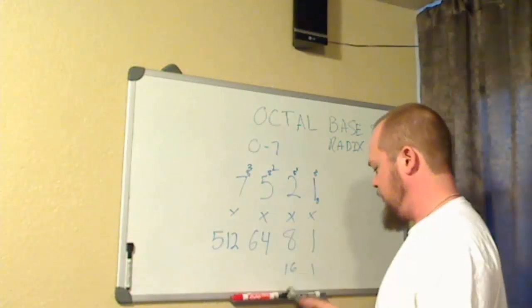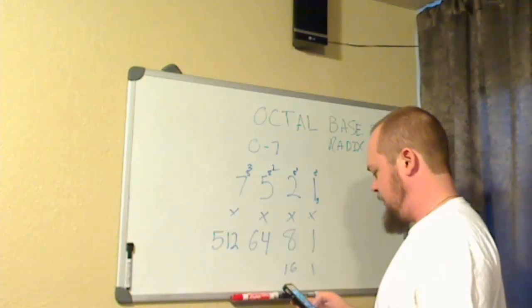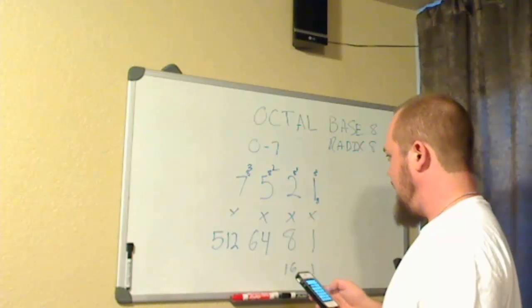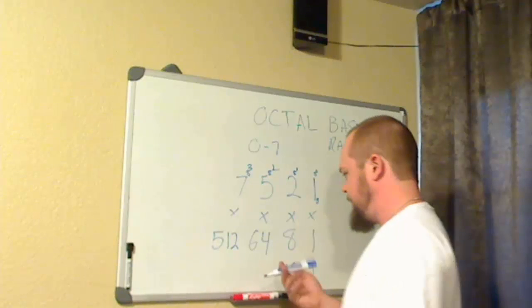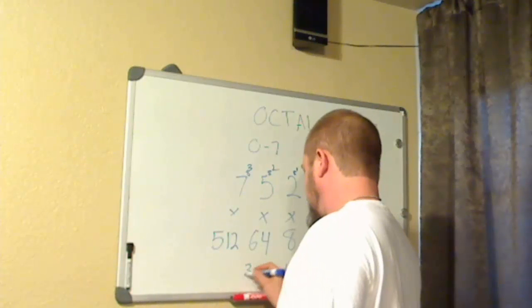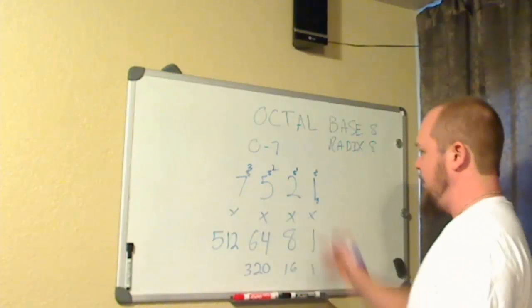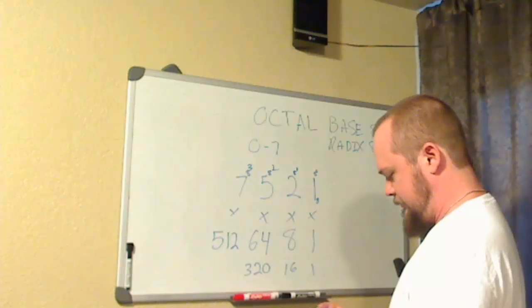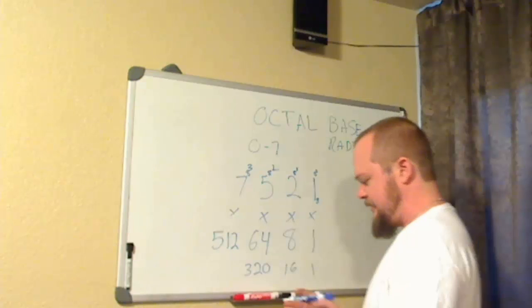I don't have a whole lot of board space. 64 times 5 is equal to 320. And 7 times 512 is 3,584.